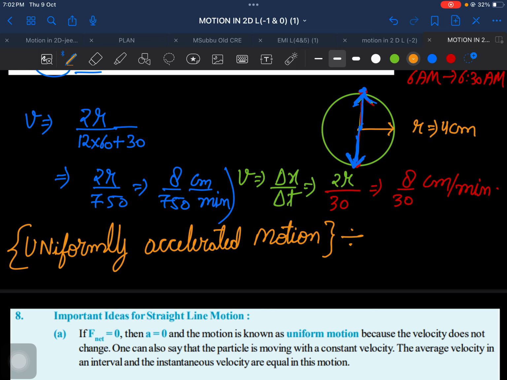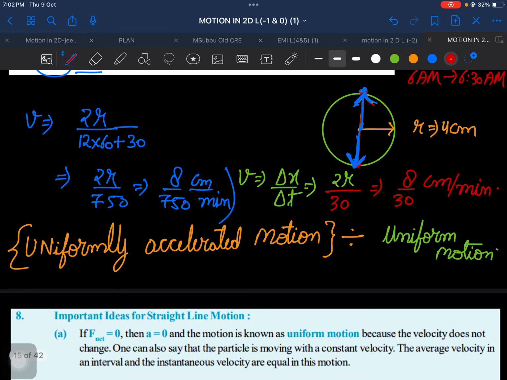So let me tell you first about uniform motion. Uniform motion and uniformly accelerated motion are two different things. When you say uniform motion, note down the point that velocity is equal to constant. In this case velocity is constant in uniform motion, and acceleration is equal to 0.